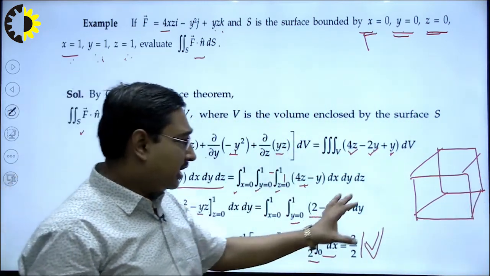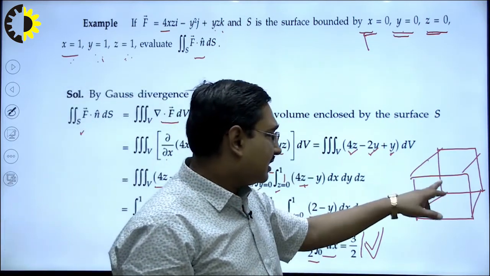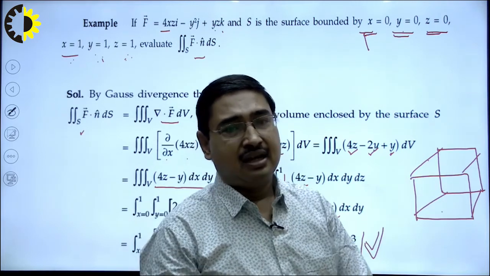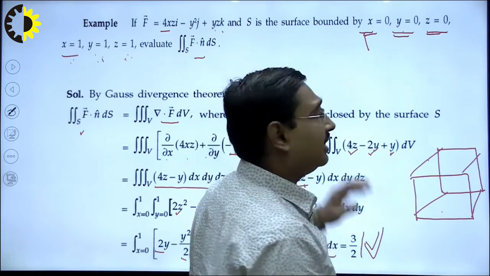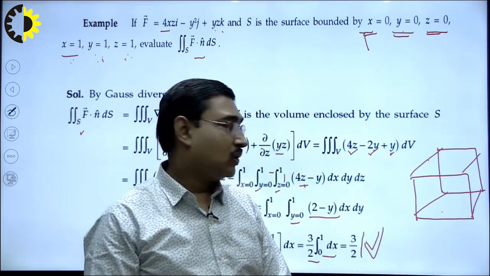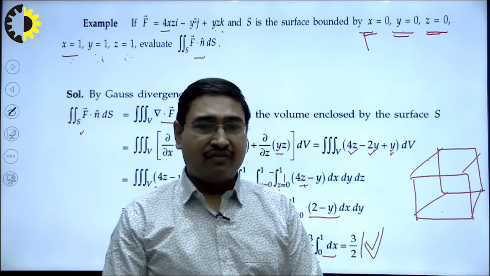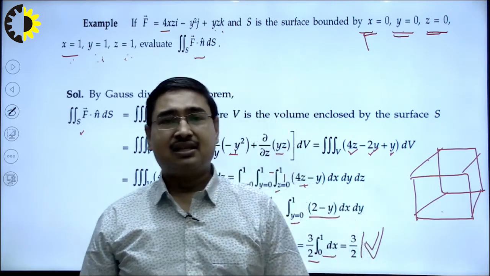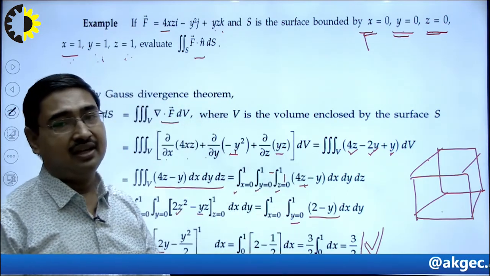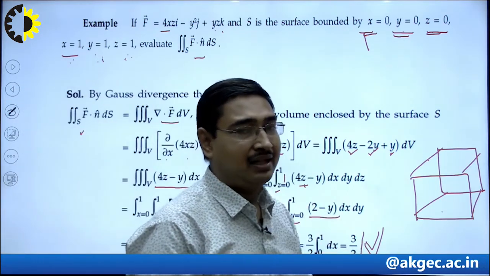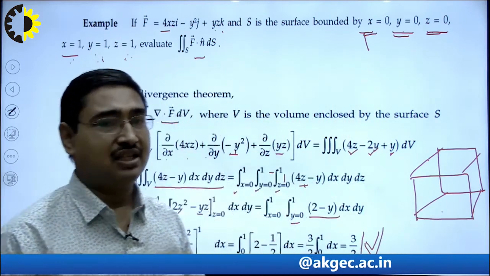But if we do not use the Gauss divergence theorem, then there are 6 different faces and 6 different equations for this surface integral. So I need to calculate 6 surface integrals, each for a different face, and then these surface integrals will be added to give the value of the surface integral. Obviously it will be quite lengthy, and that is why we can understand the use of the Gauss divergence theorem.